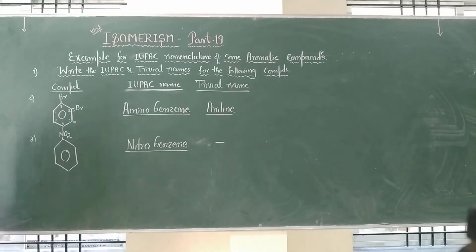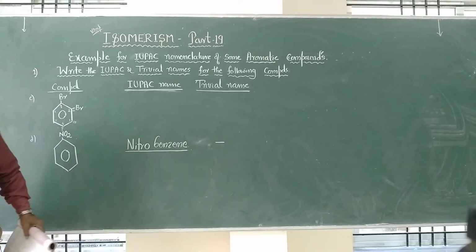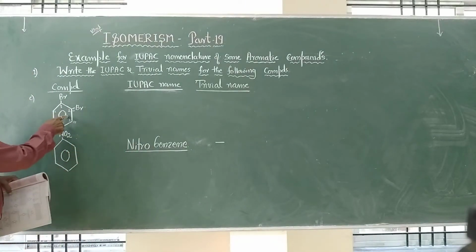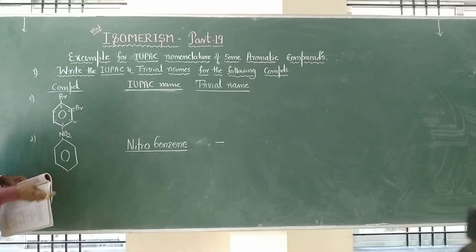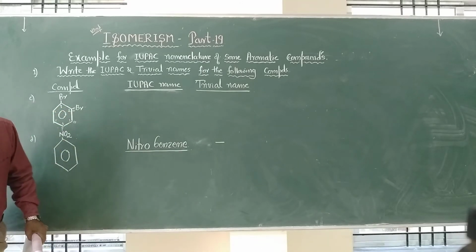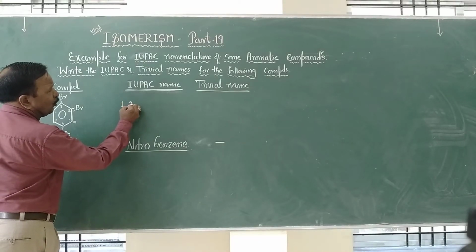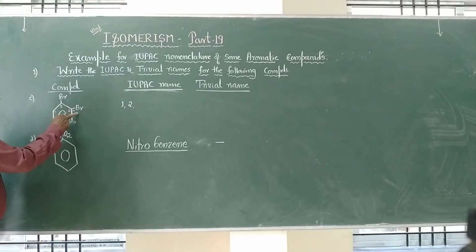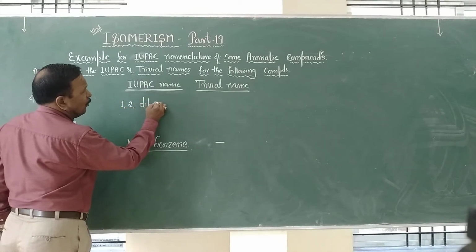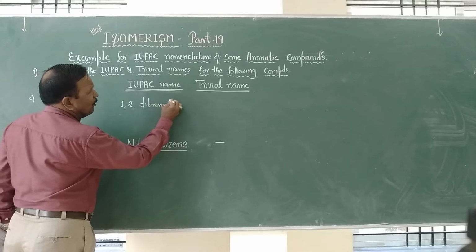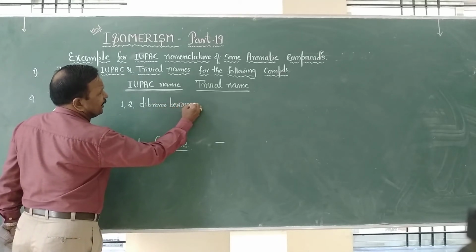So its IUPAC name will be, benzene, and on 1 and 2, bromine groups are there. Just we are going to copy the IUPAC rules: 1, 2, there are 2 bromine groups, dibromo, as usual benzene, dibromobenzene.